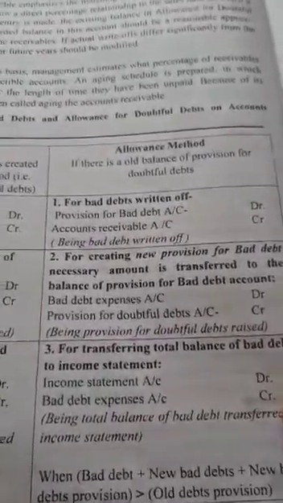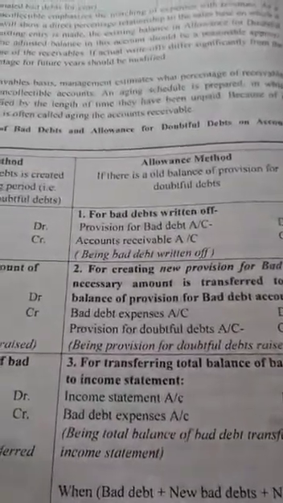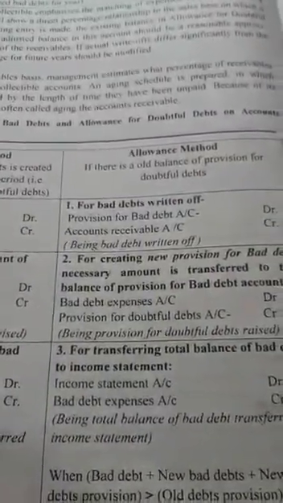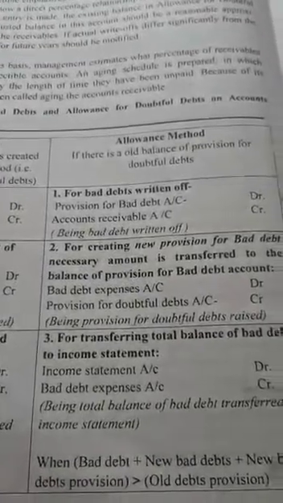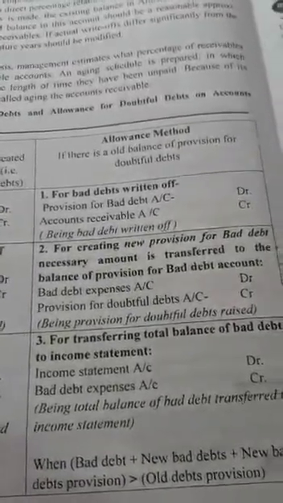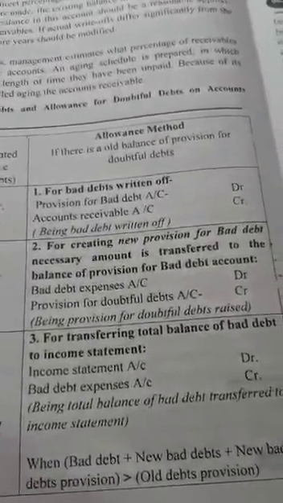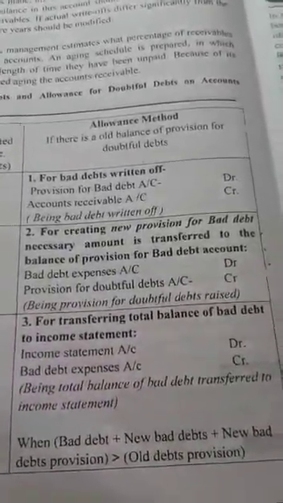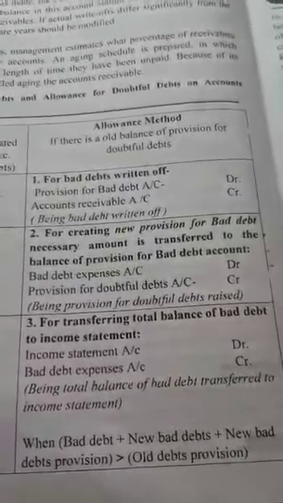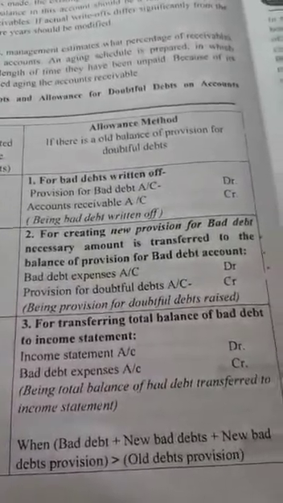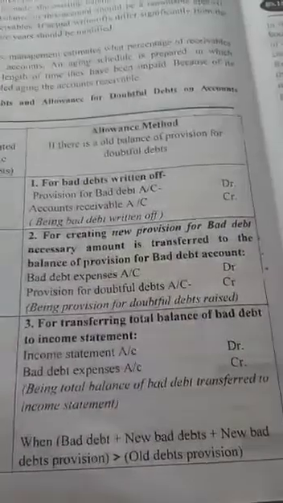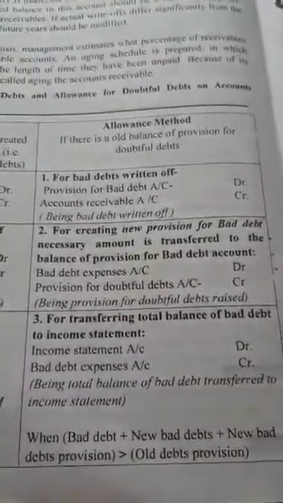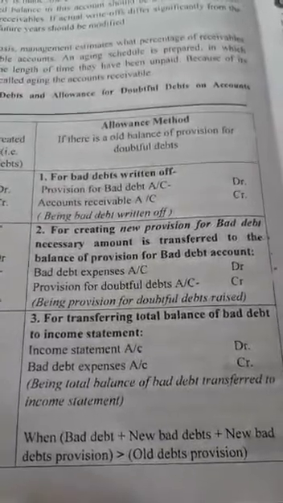So if we make credit sales and the sales are shown on the income side, but the receivable from credit sales is not received in the same year, and in the next year some portion of that receivable cannot be realized, then that loss will affect next year, not this year.